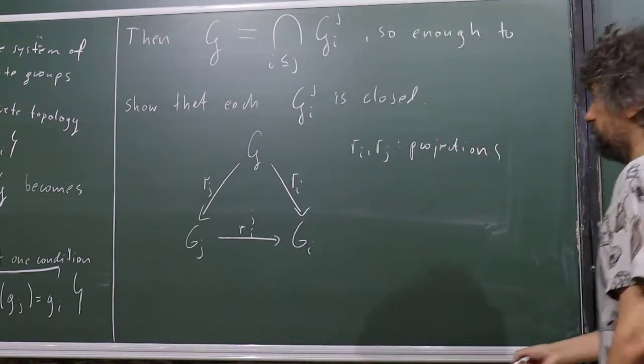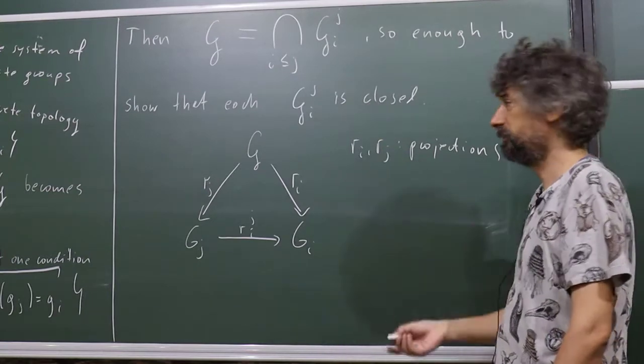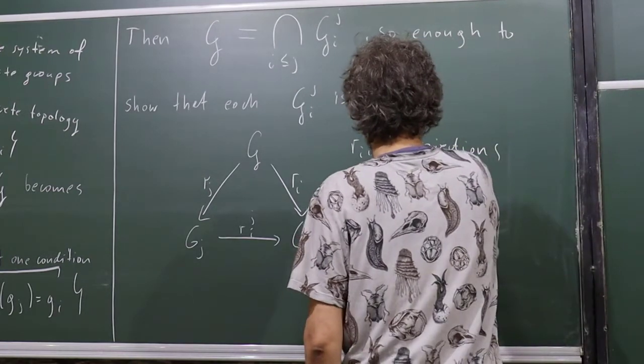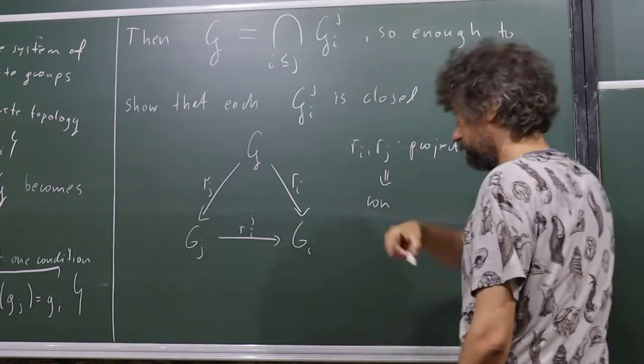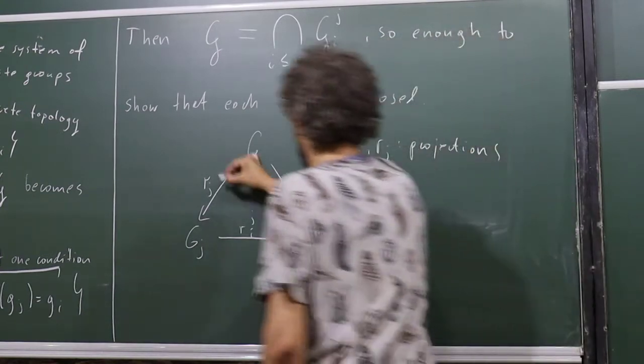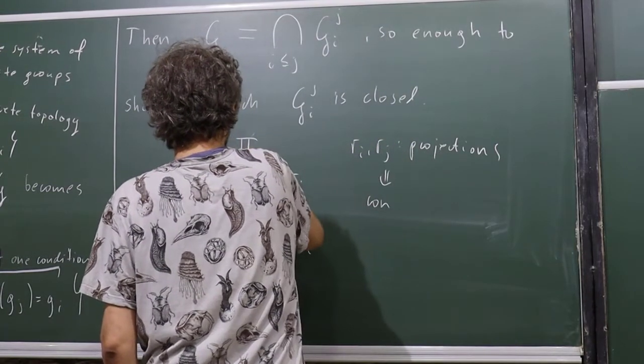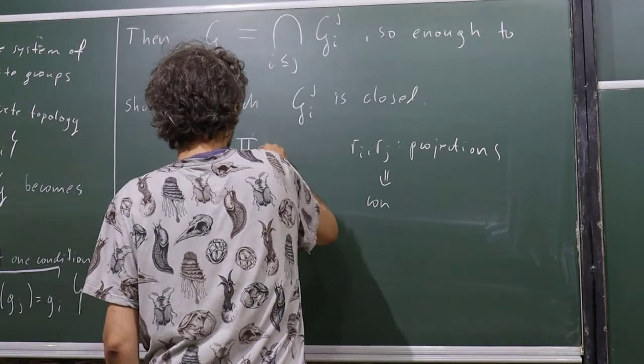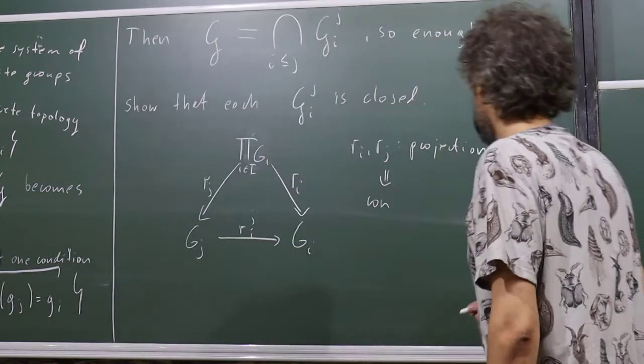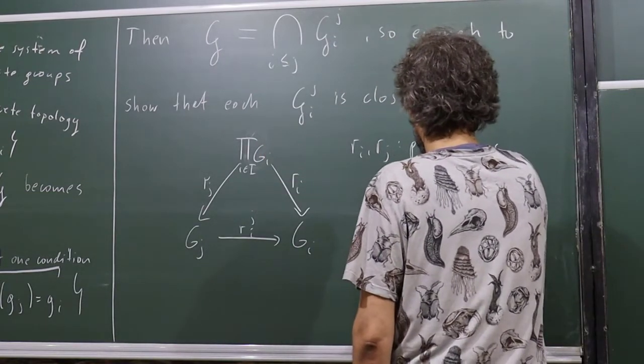As you actually notice, these projection maps are continuous. Sorry, I'm talking nonsense. It goes from the whole thing, like this. So continuous.